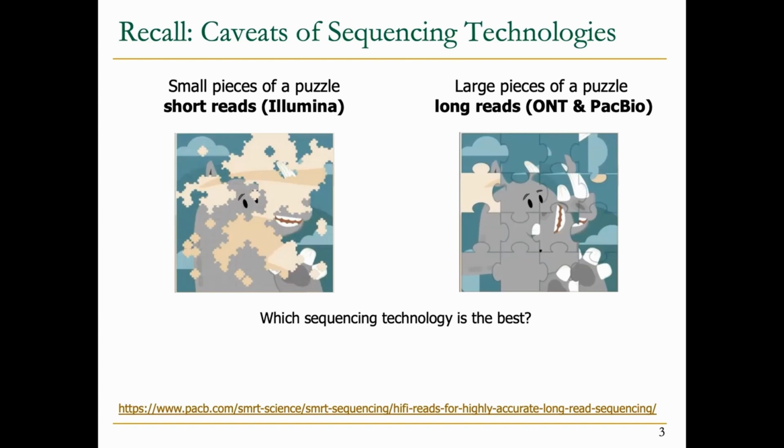And usually the question is, which sequencing technology is the best? Which one should we use? There are certain trade-offs between these two types of sequencing technologies. The first trade-off is that second generation sequencing technologies, or Illumina specifically, produce very short reads, which are usually around 100 to 300 base pairs.